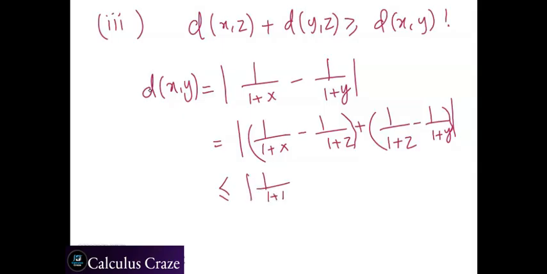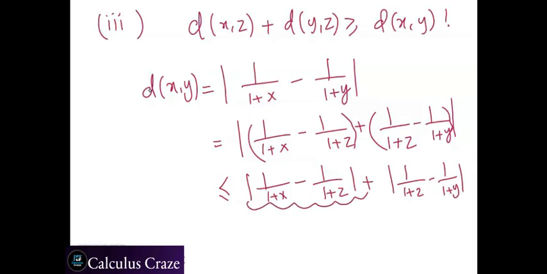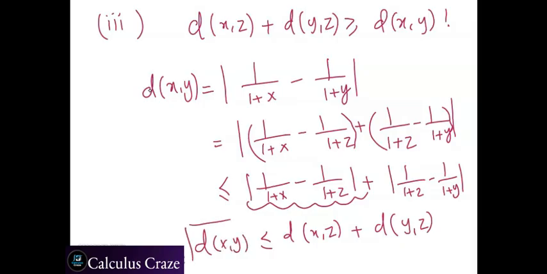So 1 upon 1 plus x minus 1 upon 1 plus z plus 1 upon 1 plus z minus 1 upon 1 plus y. Now this guy is the distance between x and z, and this guy is the distance between y and z, and this is greater than or equal to the distance between x and y.